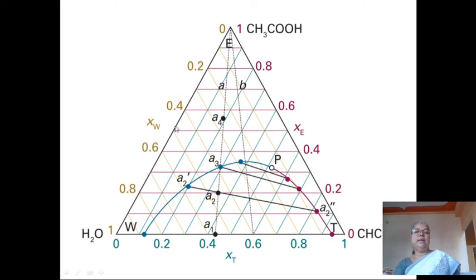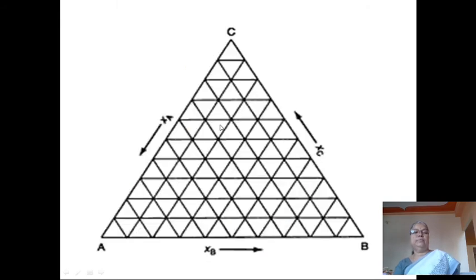Each side is divided into either 10 parts or 100 equal parts to express the composition, and any side expresses the composition of two components only, and inside the triangle we can explain the composition of all three components. This is the general phase diagram of a three component system.